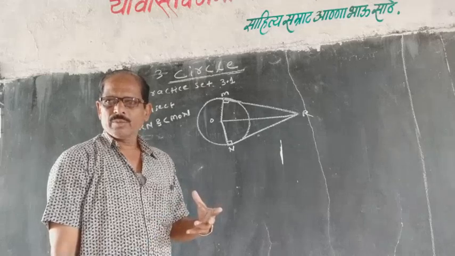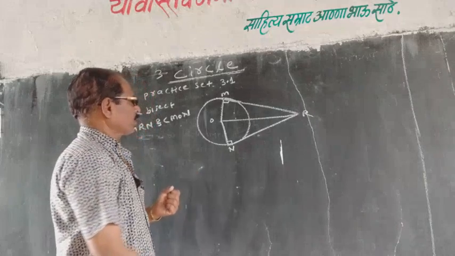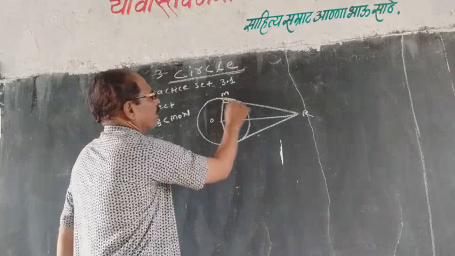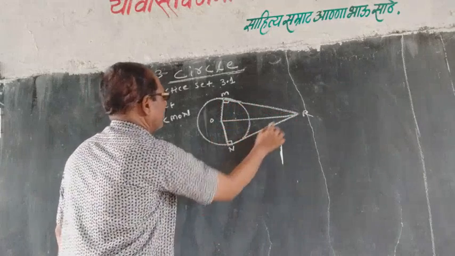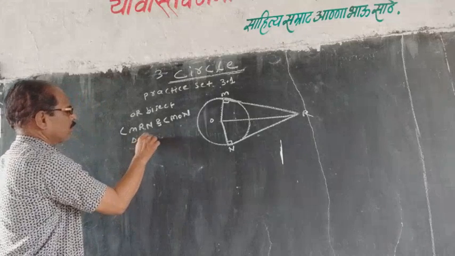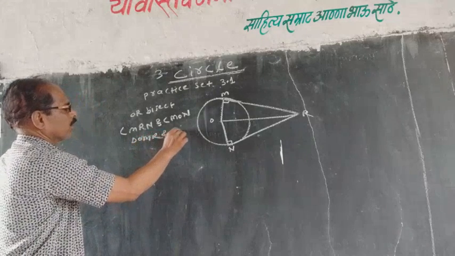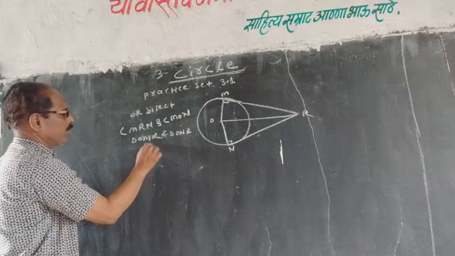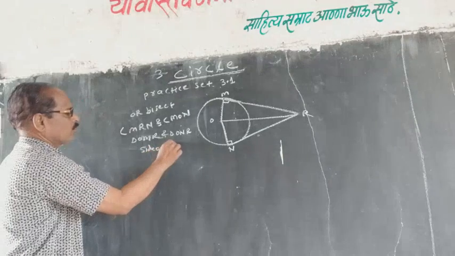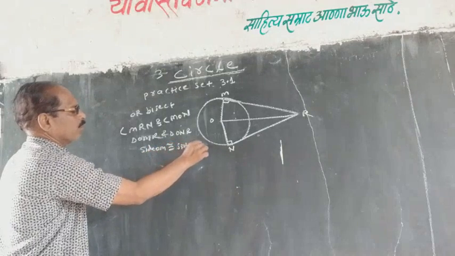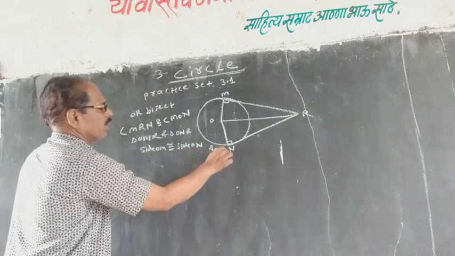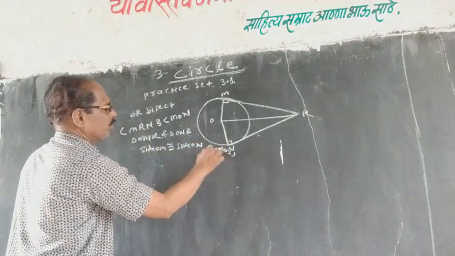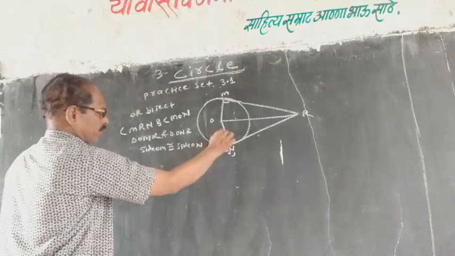In triangle OMR and triangle ONR, side OM is congruent to side ON, reason: radius of the circle.